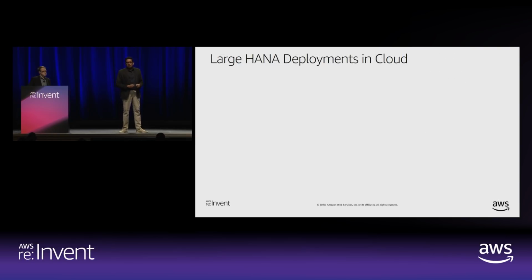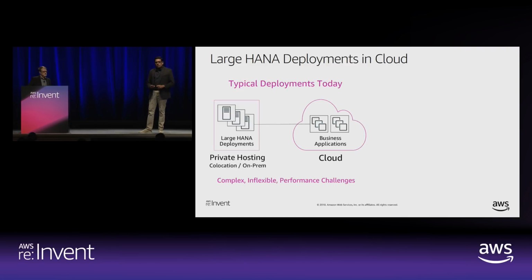What I want to talk about is how we actually got to designing these instances. We looked at the industry landscape, and what we found was that the most common way to run HANA was to host the large HANA systems in on-prem or colo deployments and then connect them to the cloud. Customers started connecting them to the cloud because a lot of the applications were already moving to the cloud to take advantage of all the new technology options and flexibility that cloud offers.